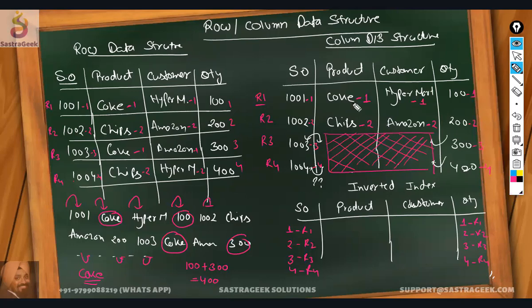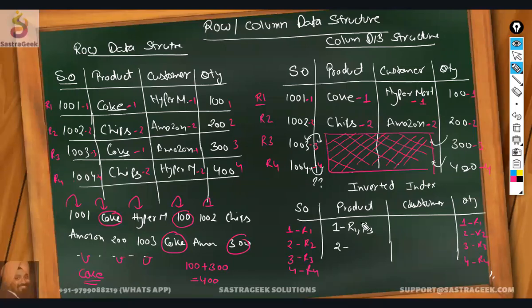What will happen in the case of Coke? Coke is here 1, and if you see here, Coke is linked with R1 and Coke is linked with R3. So that linkage will be maintained here: R1 and R3. Chips 2.